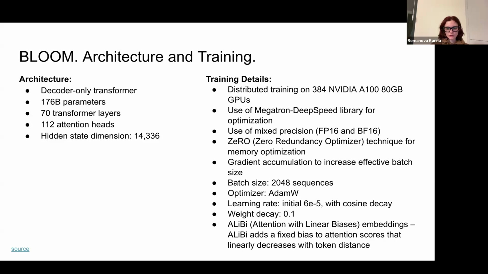Also, the ZeRO redundancy optimizer reduces memory usage by distributing model states across GPUs, essential for handling 176 billion parameters. They also leveraged the Megatron-DeepSpeed library for efficient distributed training on hundreds of NVIDIA A100 GPUs, ensuring faster and more stable training runs.